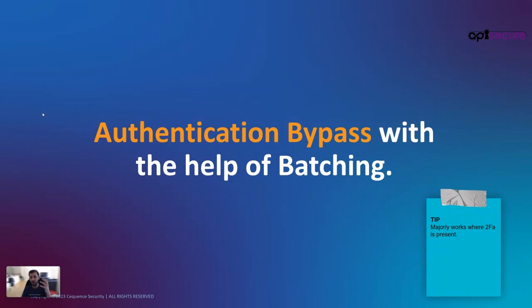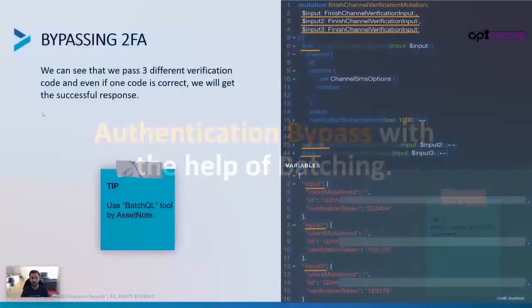How do we bypass the authentication with the help of batching? This would majorly work where we have multi-factor authentication in place. Many companies have that now, right? It's an obvious thing that if you want to secure your customer, you should have 2FA in place.